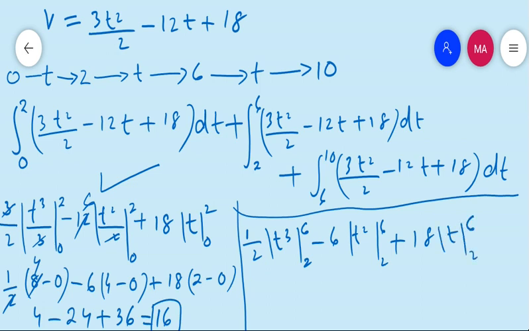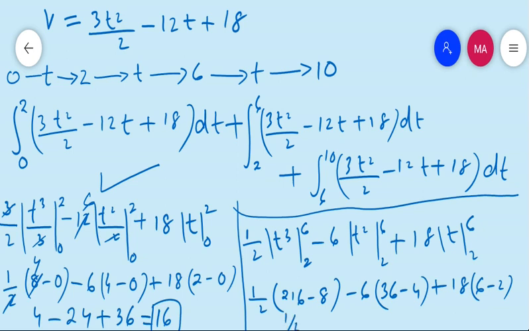So this is the second part. We are going to integrate from 2 to 6. So 1 upon 2 6 cube 216 minus 2 cube 8, minus 6 square is 36, 2 square is 4, plus 18, 6 minus 2.